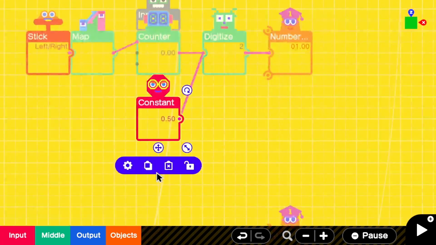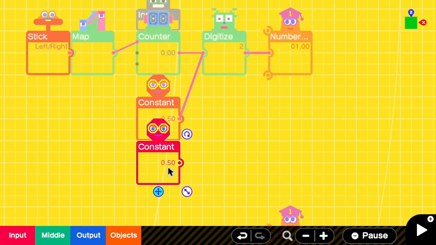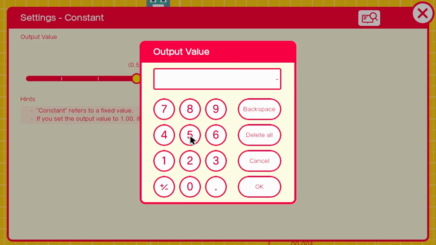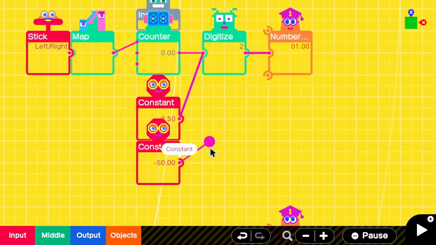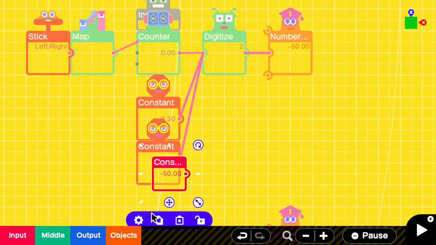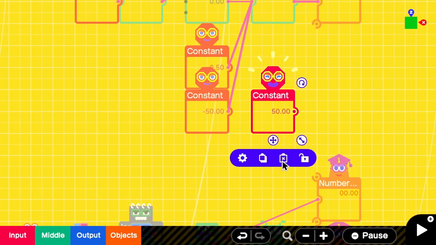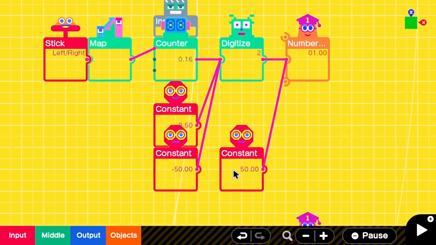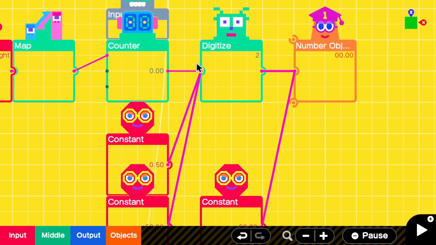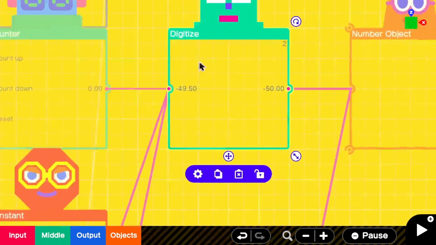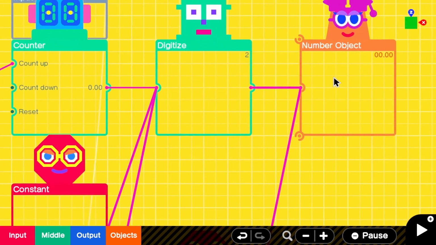For example, we can send negative 50 here, and then add 50 back at the end. Now, when we send 0 here, what the digitize actually sees is a negative value. It sees negative 49.5, and it rounds down to negative 50. So when it goes back up, it goes to 0.